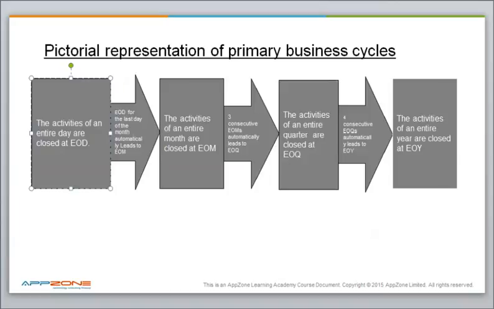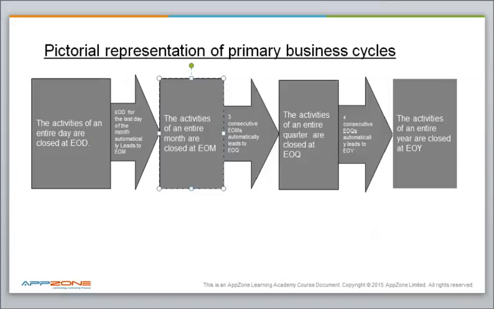Likewise, at the end of month, the business cycle also separates a month's activities from another month's activities. So you can actually generate an activity report for one month from the other, because the end of month business cycle has already differentiated the activities of a particular month from the other.